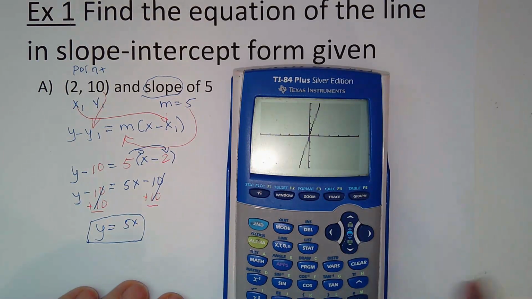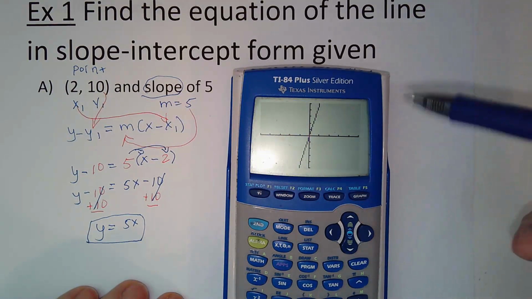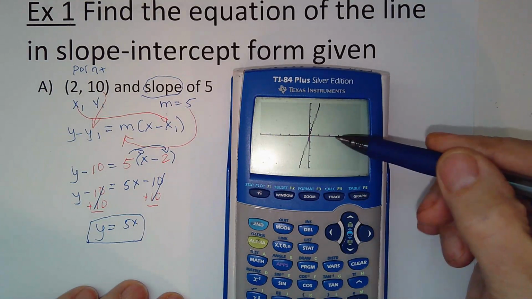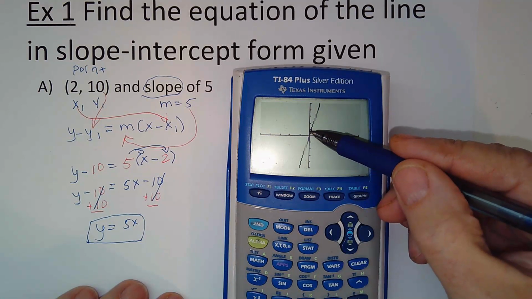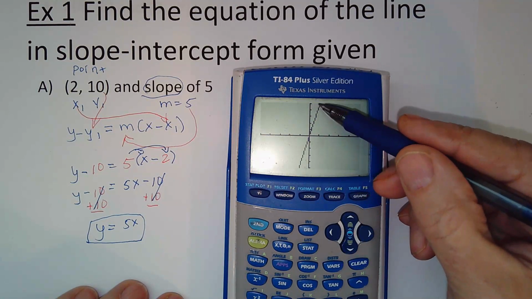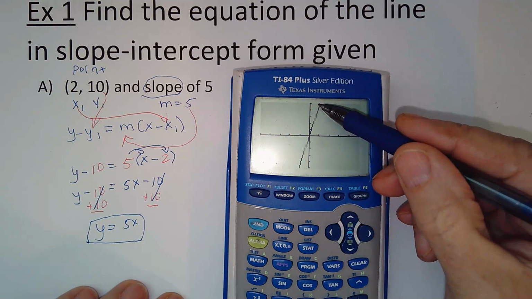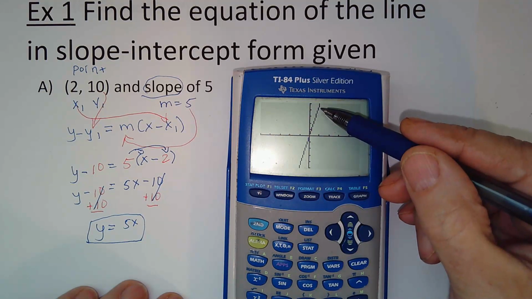Now when I do that, you can see that the points are clearly marked off by the little tick marks. So if I go from the origin, where the line crosses at 0, 0, and I go up 1, 2, 3, 4, 5, and then go over 1, obviously the line has a slope of 5 over 1 or 5.